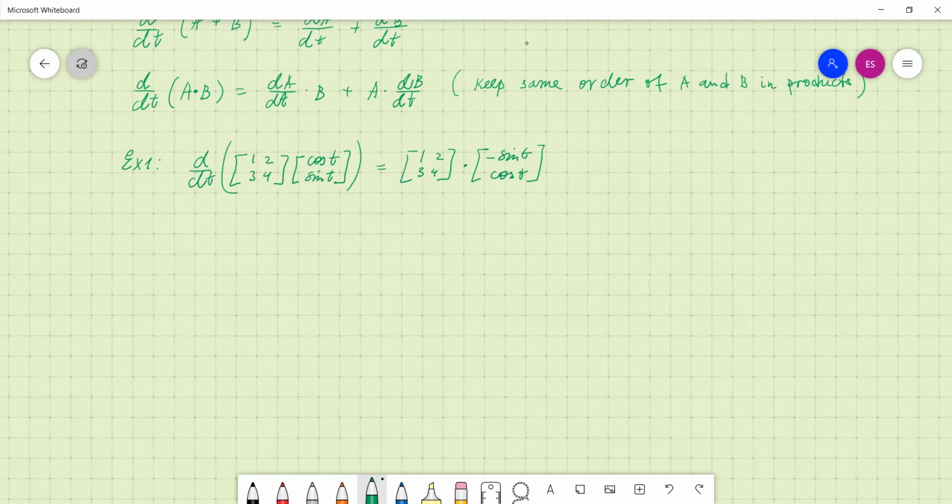So that's going to be my derivative. And if you wish to know what is going to be the result, you can multiply these two matrices and get something. I'm going to do multiplication. So 1 by minus sine is going to give me minus sine of t plus 2 cosine of t. And I multiply 3, 4 by minus sine and cosine: minus 3 sine of t plus 4 cosine of t. That's going to be my final result. My final result is vector, right?